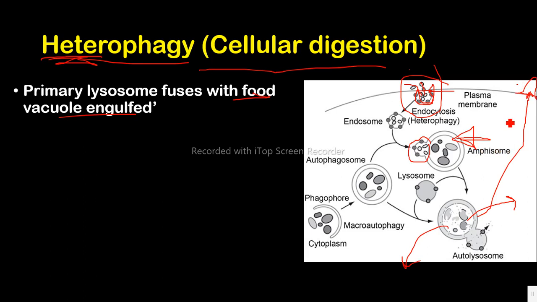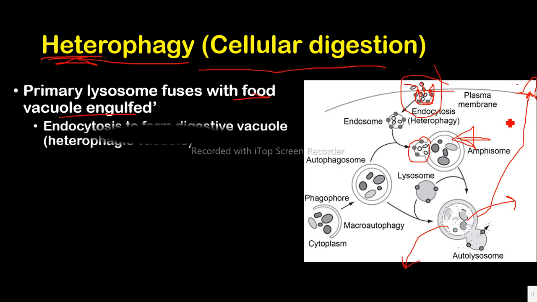So what is responsible for that? They are these primary lysosomes. So endocytosis forms a digestible vacuole, which is a heterophagic vacuole. We can call it a phagocytic one. Hetero means different.